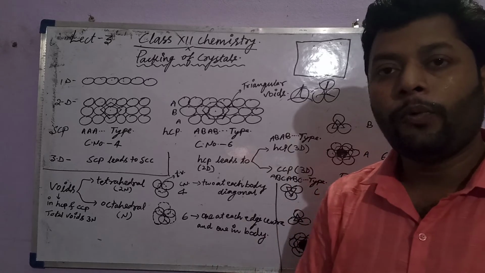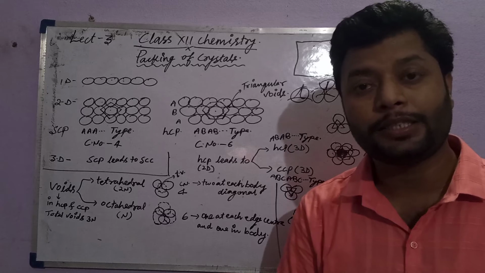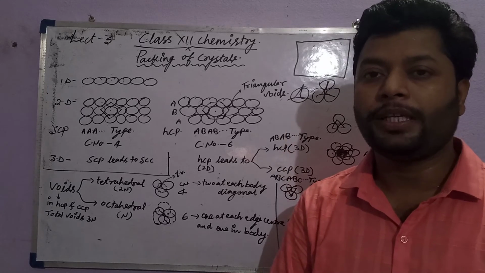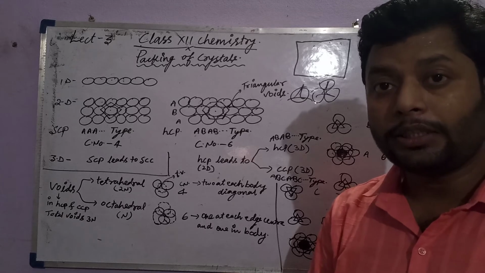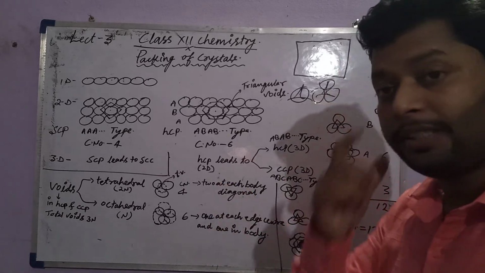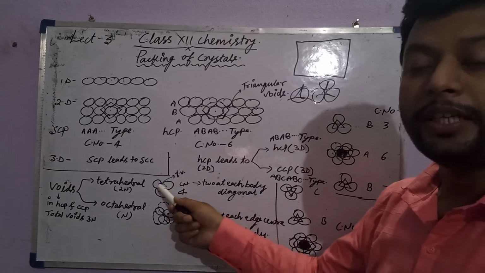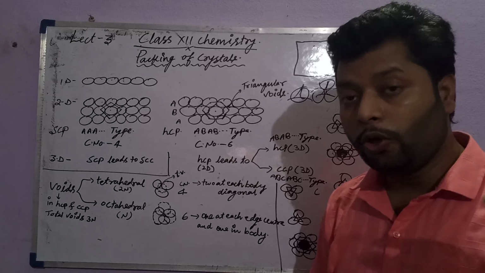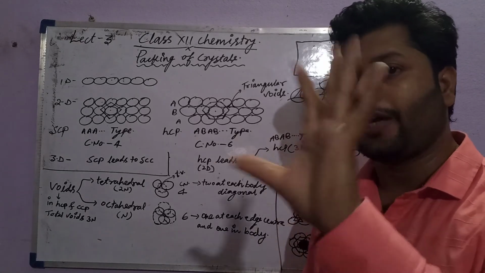We have to learn where these voids are actually located, means the location of the voids in a cubic structure. Class, coordination number 4, means tetrahedral voids, are located 2 per body diagonal.